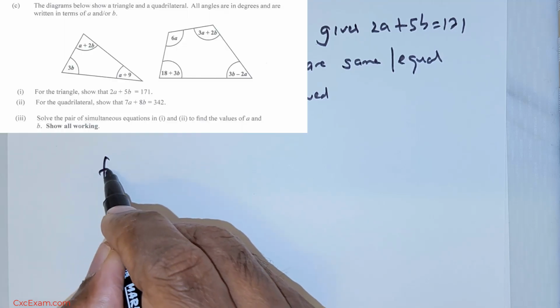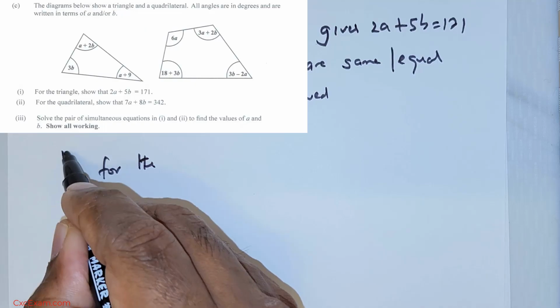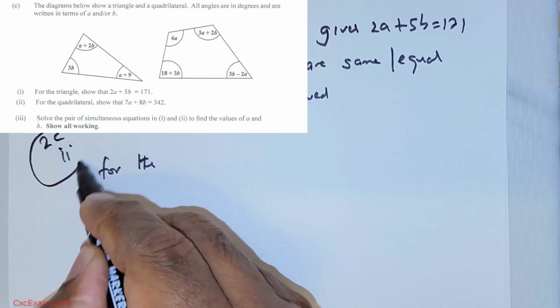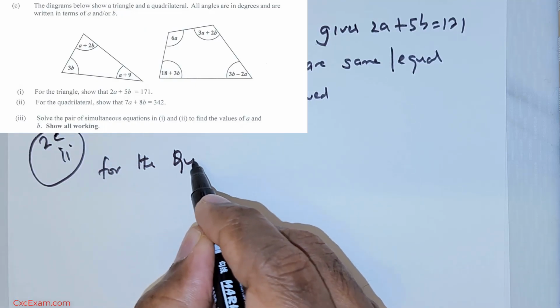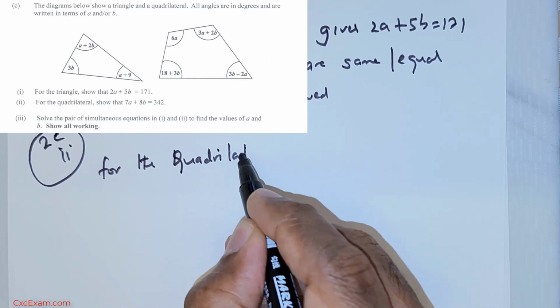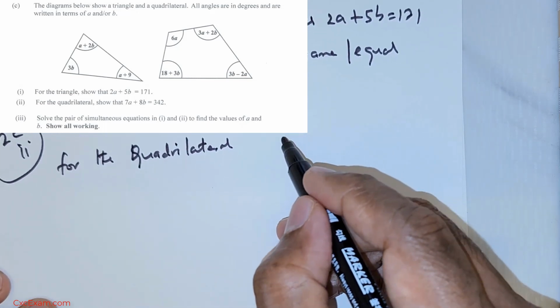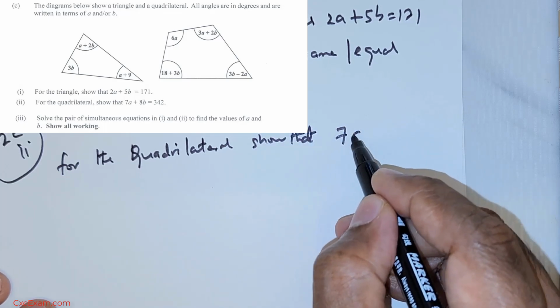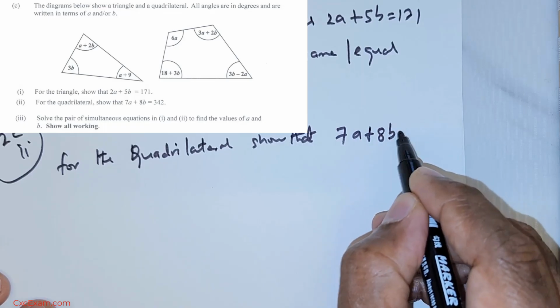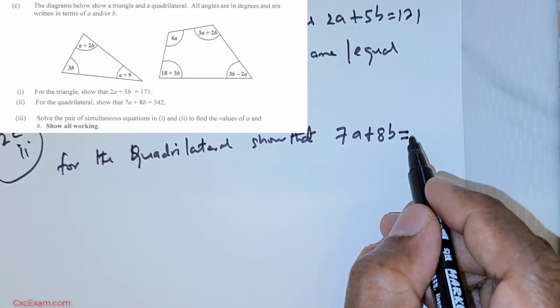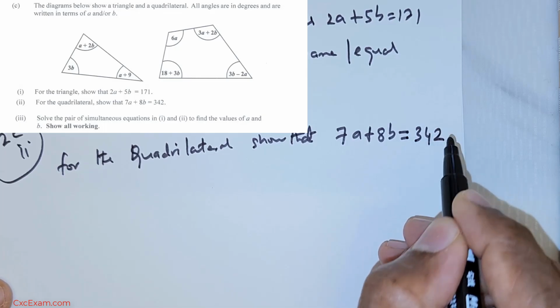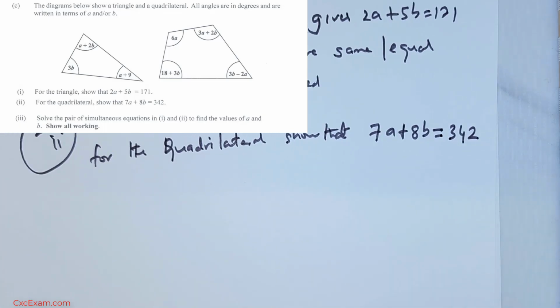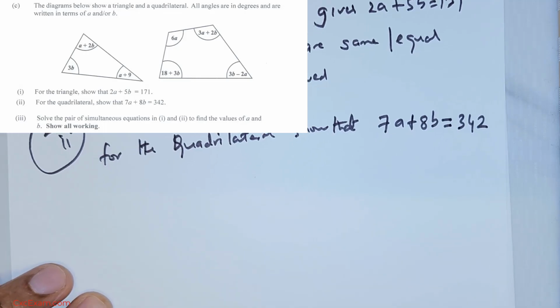The next part is asking us for, this is part 2. So 2C part 2. So for the quadrilateral, show that 7a positive 8b is equal to 342. Okay, so let me draw the quadrilateral for y'all.